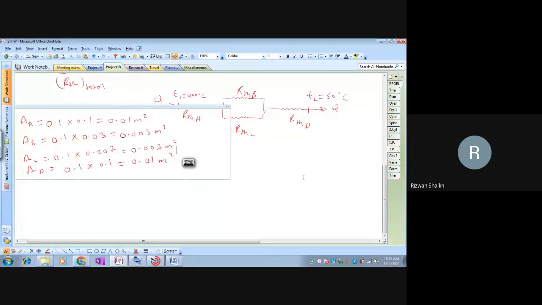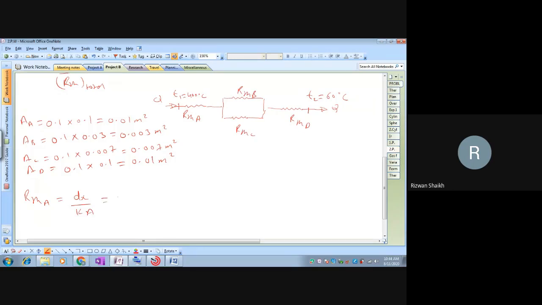Now I can get to the resistance for A, B and C. So, thermal resistance for layer A. We have the formula, it is a plane wall. The plane wall formula is the same, it is dx upon KA, a general formula.